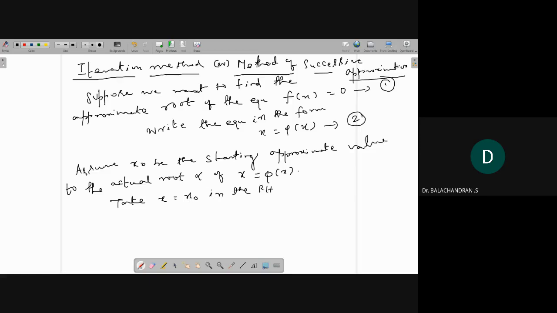We get the first approximation, that is x1 equal to phi of x naught.